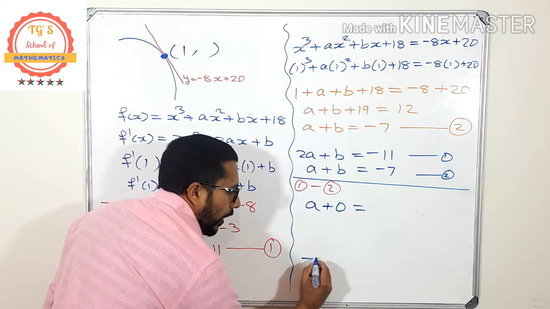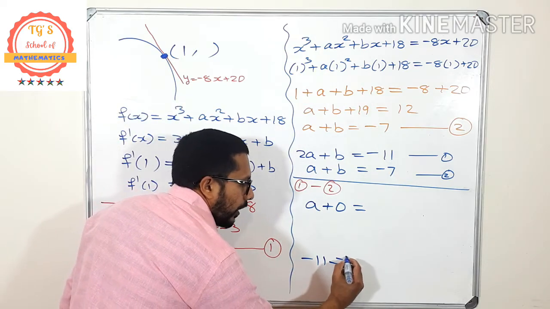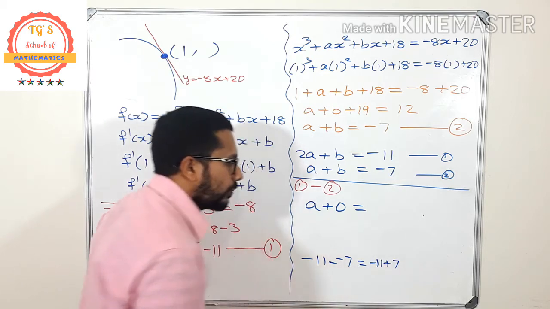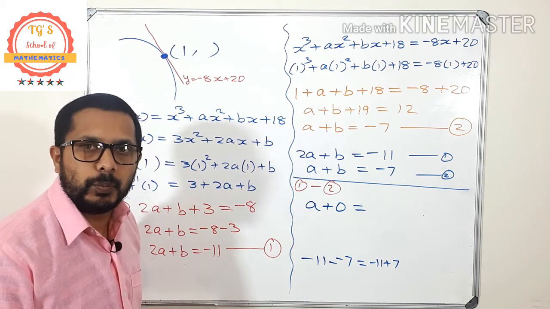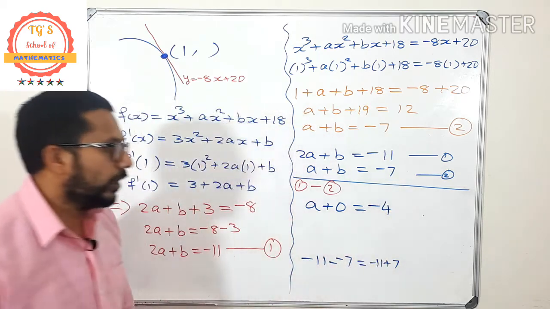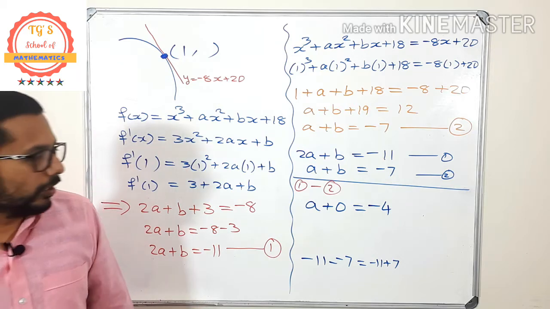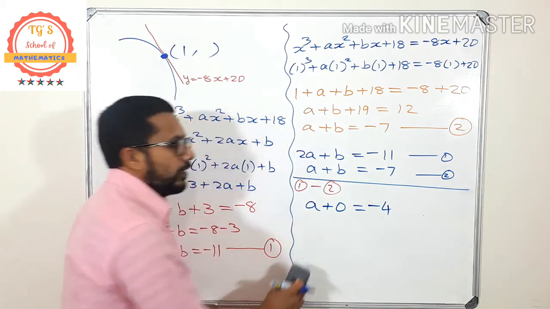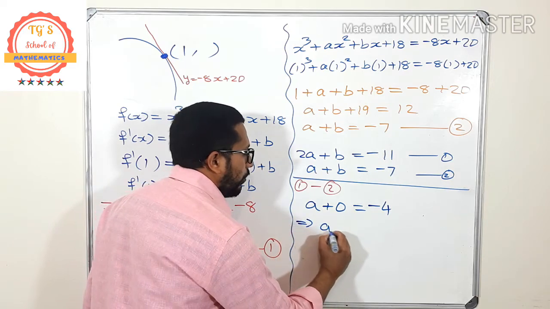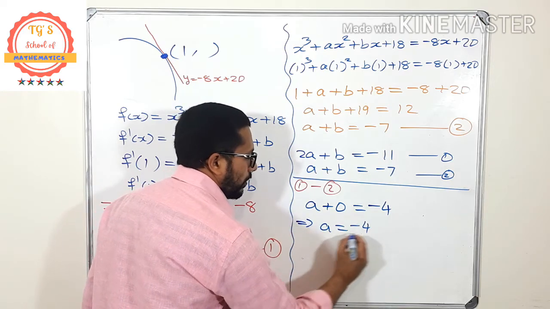So it is minus 11 plus 7. What is minus 11 plus 7? That is minus 4. So a plus 0 means a. Okay, so what we can write there? It implies that the value of a is equal to minus 4.